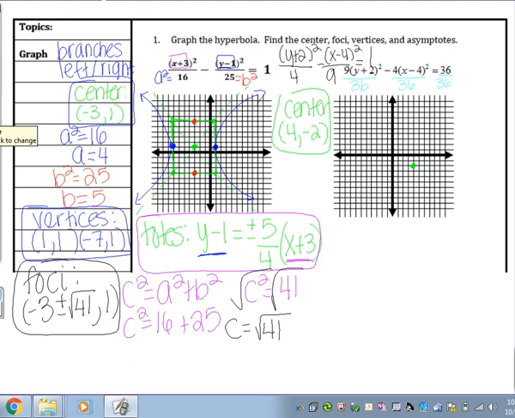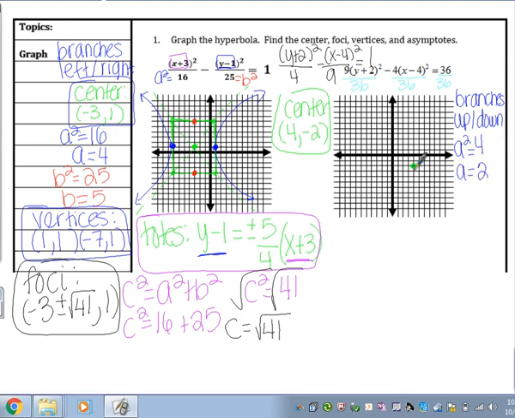Now here, y is before the subtraction, so my branches are going to go up and down. And I know a squared then is what? 4, because it's always first, so a is 2.